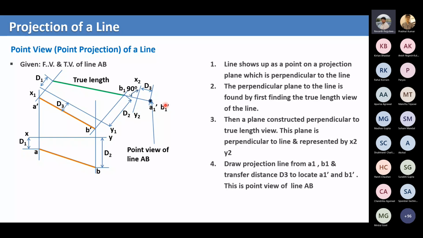So this repeats one after the other. So now this is the auxiliary top view, A1, B1. And now when you project it again using another auxiliary plane, you get the auxiliary front view. Now this is labeled as A1 dash, B1 dash. So this is the point. This is the point form of a line. So that is how a line is projected as a point.